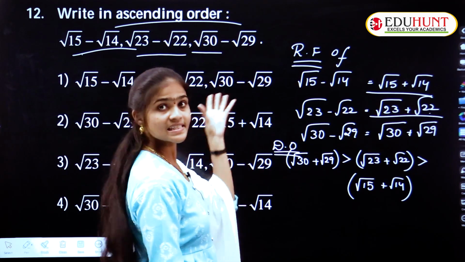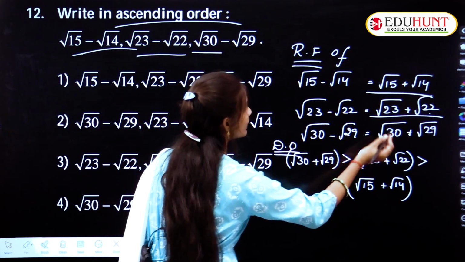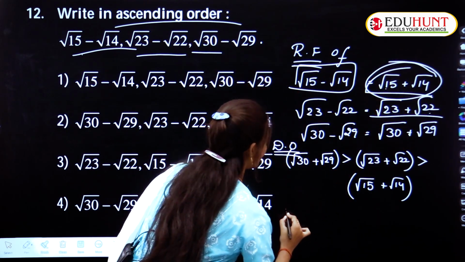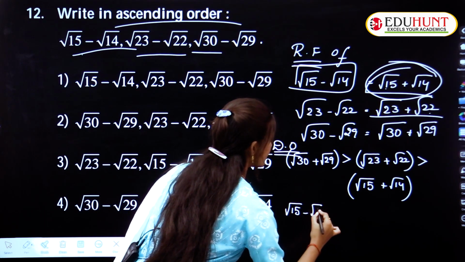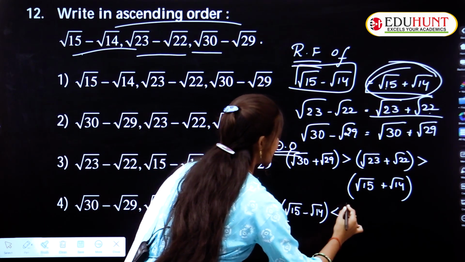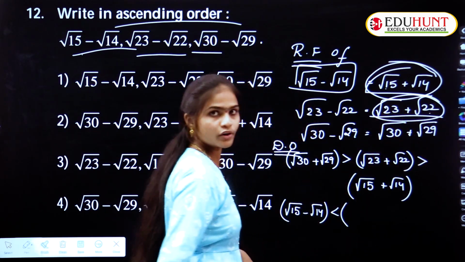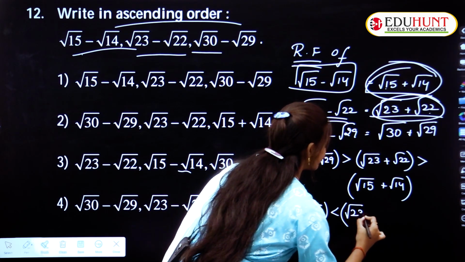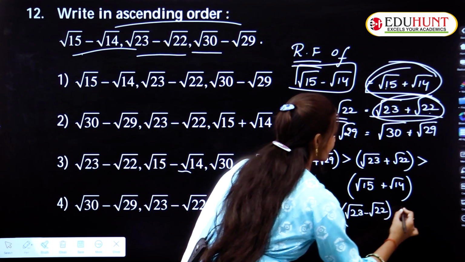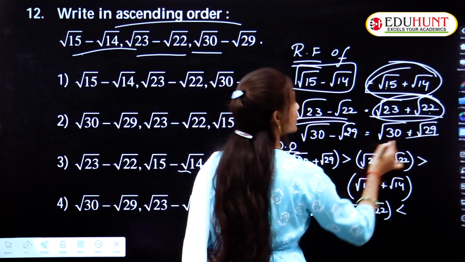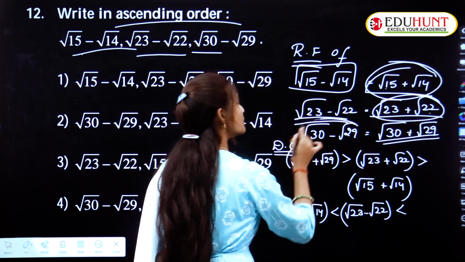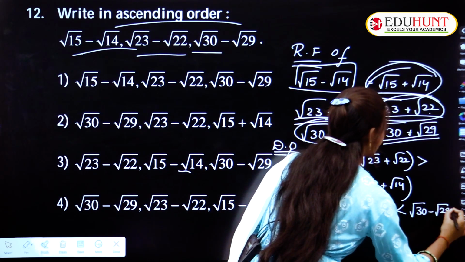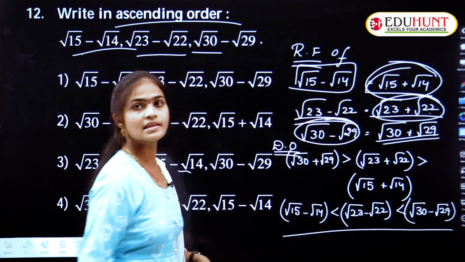The smallest one is root 15 plus root 14, which means root 15 minus root 14, is less than the next one, the square root of 23 plus the square root of 22, which means the square root of 23 minus the square root of 22, which is less than the square root of 30 plus the square root of 29, which means the square root of 30 minus the square root of 29. This is the ascending order.